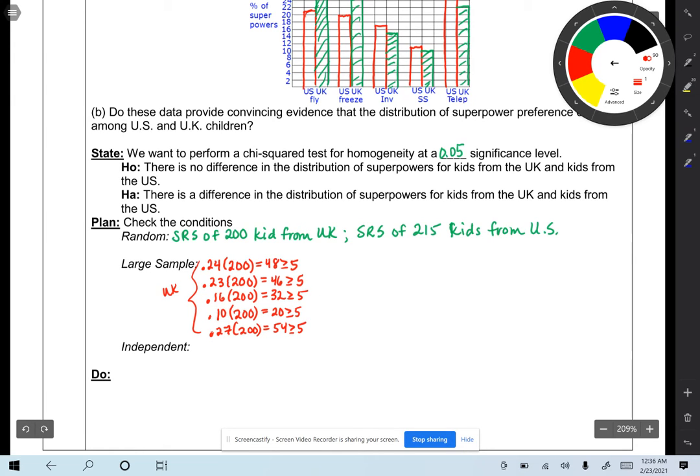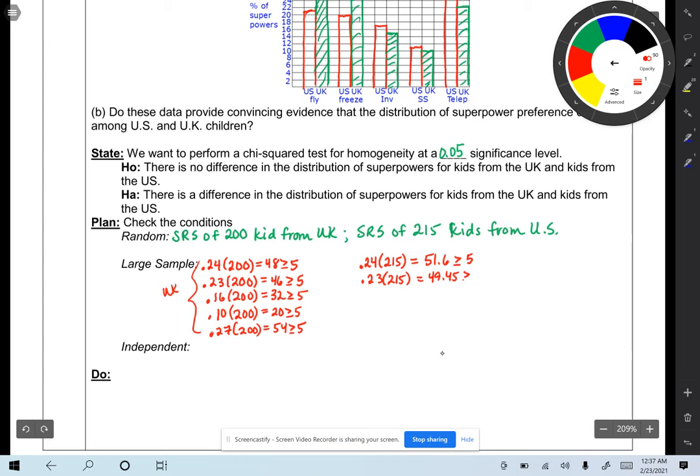Okay. For the US group, take the same expected proportions, 0.24, and multiply by its sample size. That would be 51.6. And remember, it's okay to have decimals because I rounded when I was doing those proportions. Okay, and then 0.23 times 215, and we can't just say whatever that is.